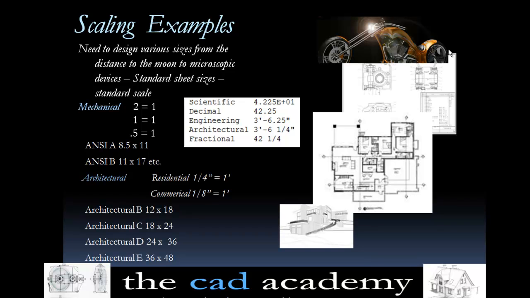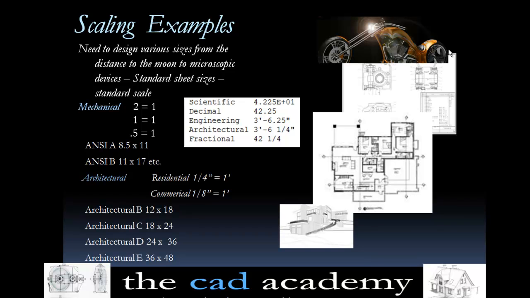So that would have a scale that would go like 2 to 1, 10 to 1, 1,000 to 1, or blown up. And then there are many things that you could actually do 1 to 1. Matter of fact, people do patterns off of computer-aided design, or they do even flat pattern layout for HVAC boards, so they can do things 1 to 1.